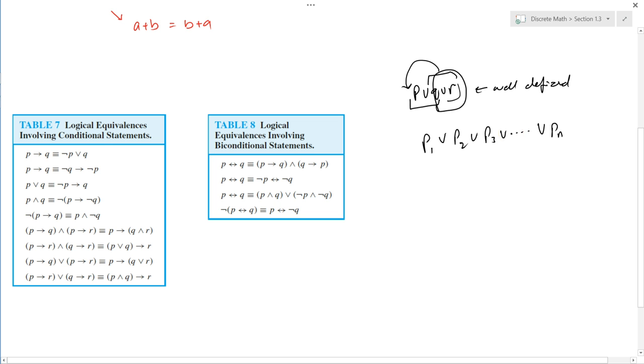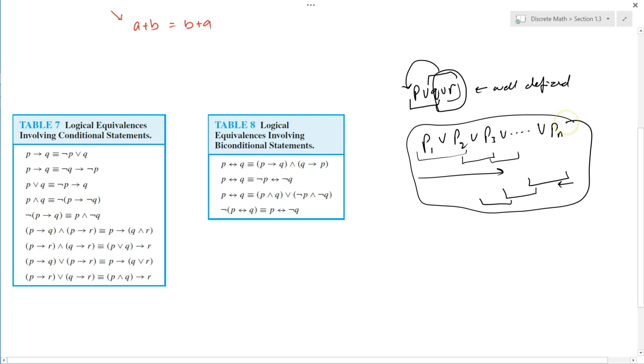This means that it doesn't matter whether we take the first disjunction and then take the result of that and do the disjunction with the third one, or we do the opposite way, which is we take the last two disjunctions and then calculate the disjunction of that with the one before it, and so on. So the logical value is always going to be the same.